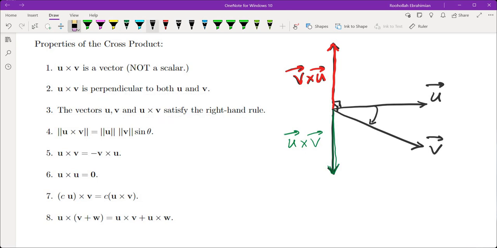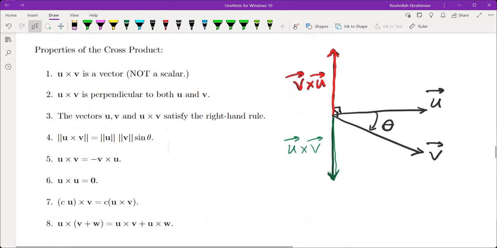Magnitude of u cross v is going to be magnitude of u times magnitude of v times sine of the angle between u and v. Next, property number 5, is that u cross v is exactly negative v cross u. So if u cross v points downwards, then v cross u would be the exact opposite, upwards. If you take a vector with itself, then u cross u would be 0, because the angle between a vector and itself is 0.